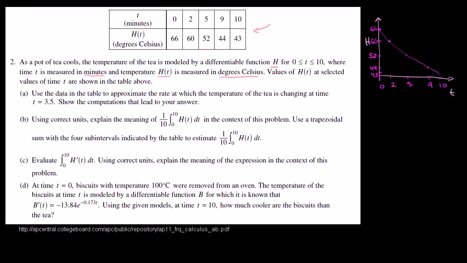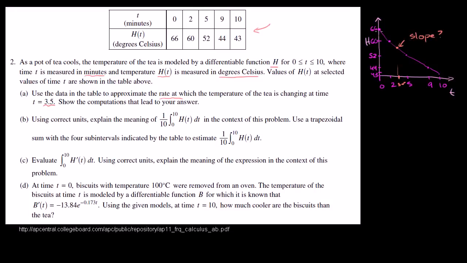So going back to part A, use the data in the table to approximate the rate at which the temperature of the tea is changing at time t equals 3.5. The rate of change is really just the slope of this curve at t equals 3.5.